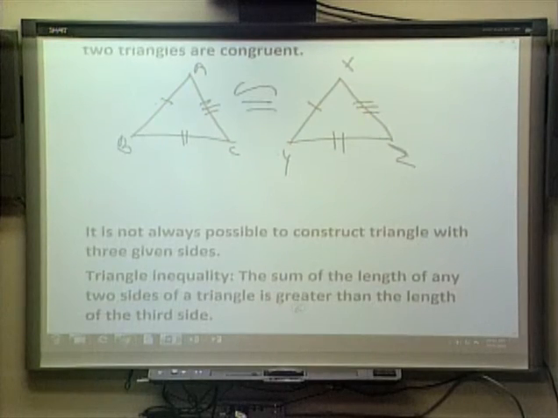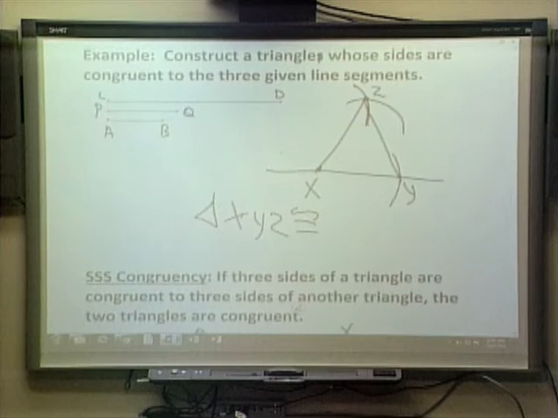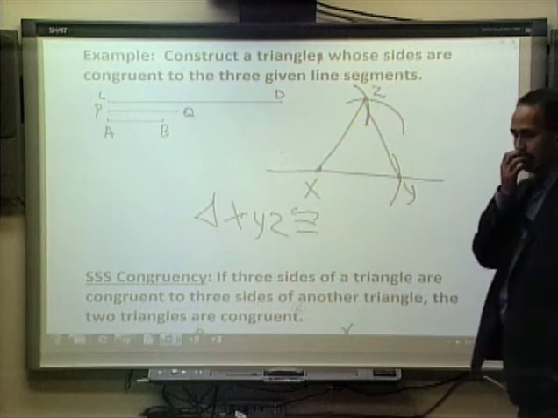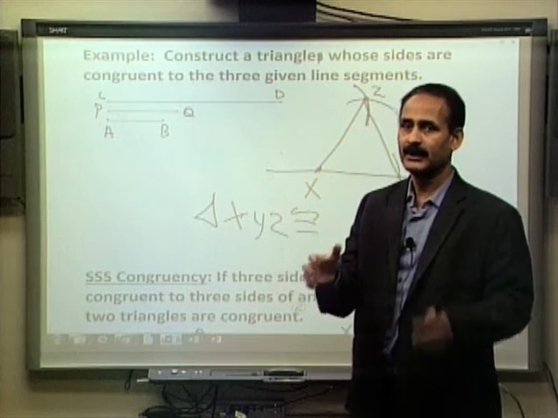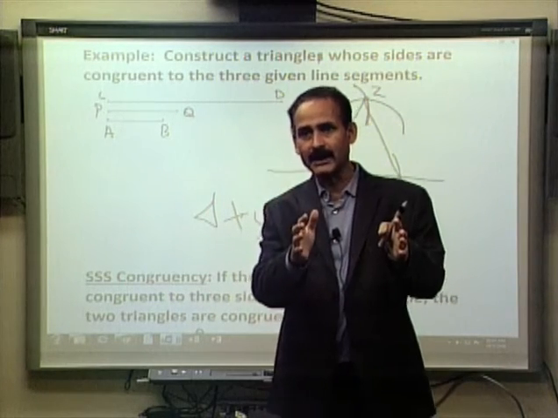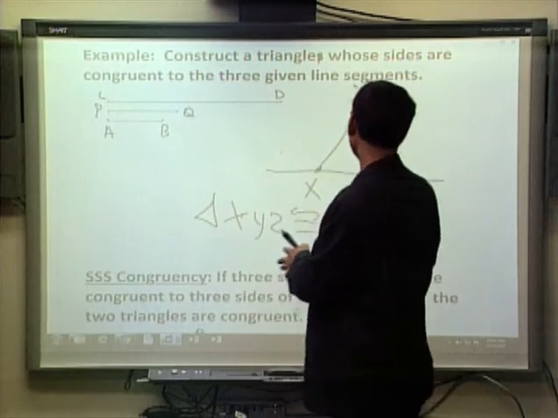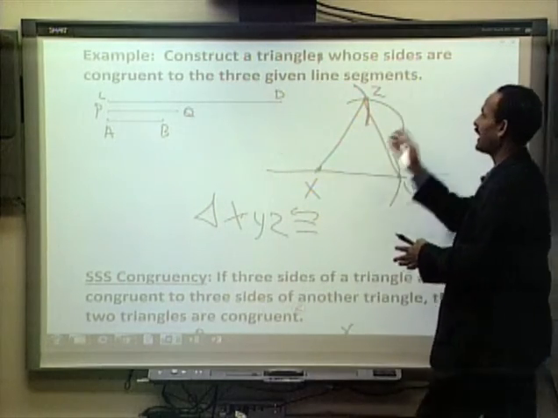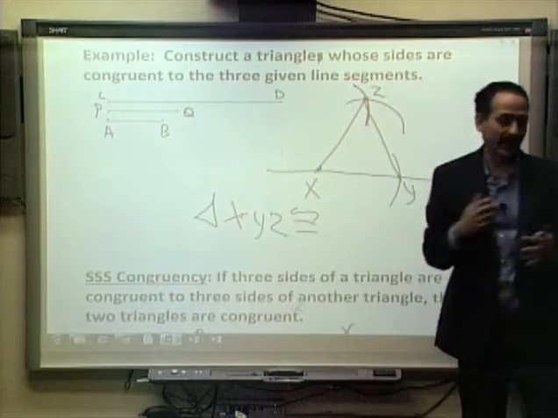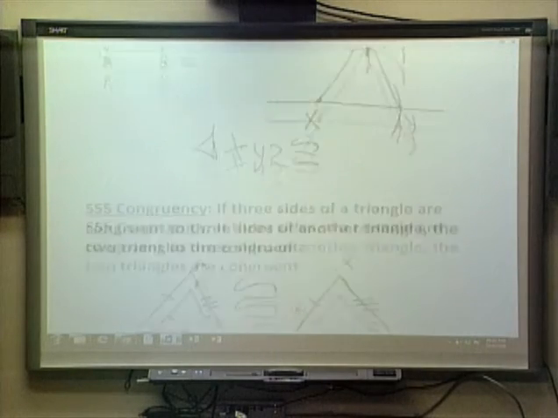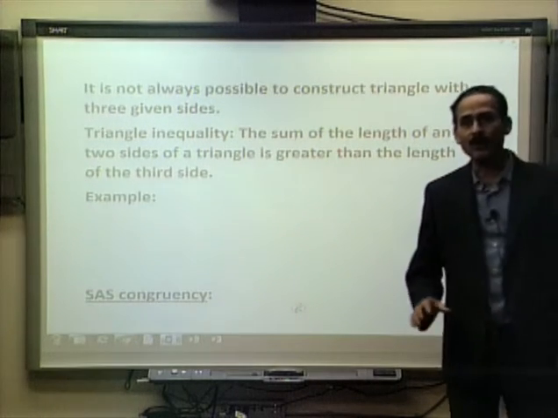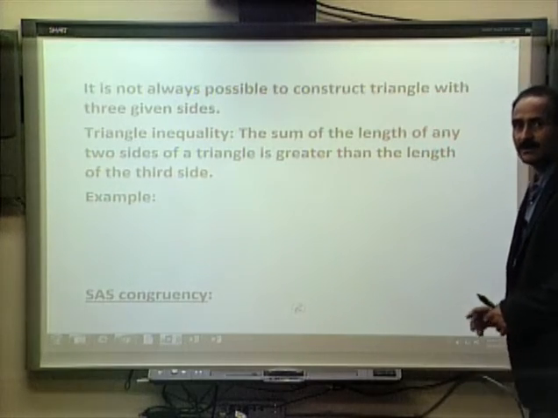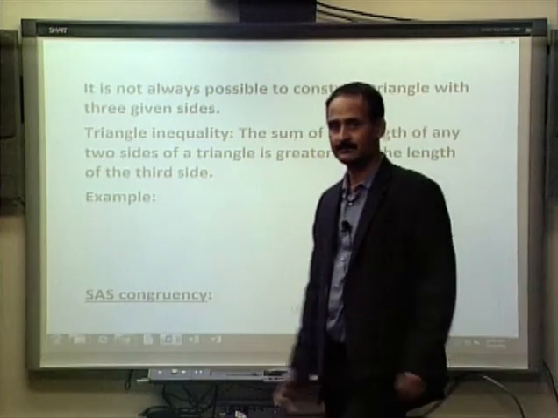Now, we looked at an example of constructing a triangle with three given sides. When the three sides are given to us, we know how to construct a triangle using the three sides. However, the truth is it is not always possible to construct a triangle with three given sides.